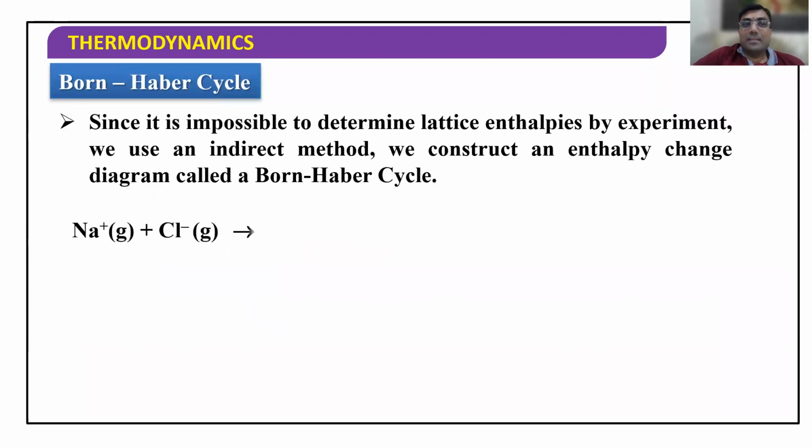So Born-Haber cycle, what does it give an idea about? NaCl, MgCl2, CaO. In which case will lattice energy be more? Calculation of lattice energy, U is lattice energy, can be done from which cycle?